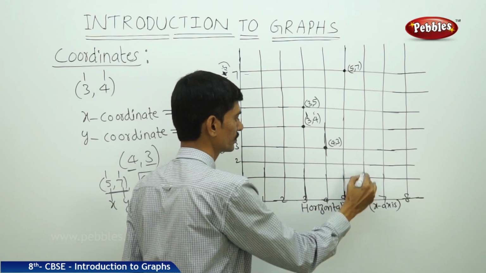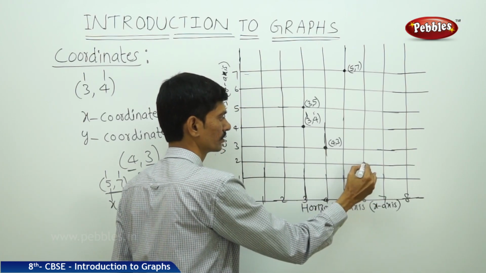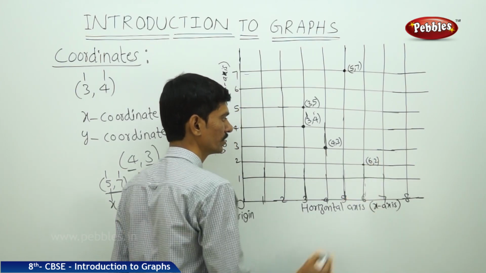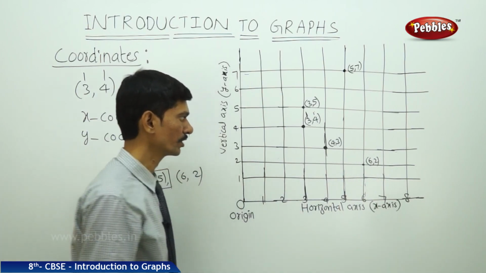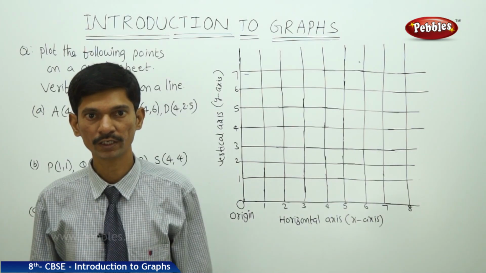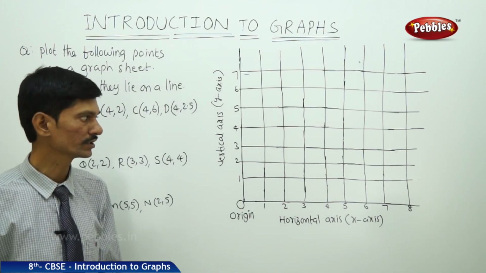These two lines will intersect in this point. So this is the point (6, 2), whose x coordinate is 6 and y coordinate is 2. So far we have discussed the linear graphs, location of a point and the coordinates of a point.